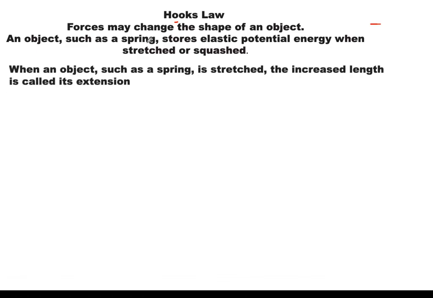And when an object such as a spring is stretched, the increased length is what we call extension. So when we apply a force to an extendable object, it increases in length, and that increase is what we call extension.